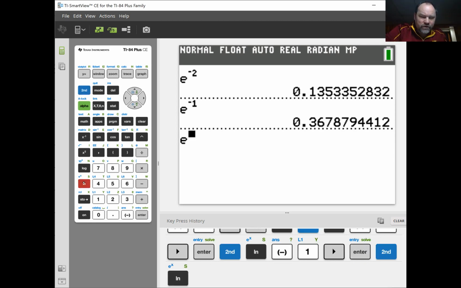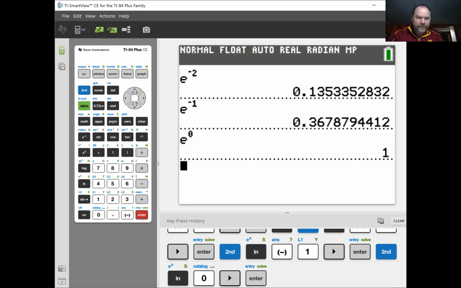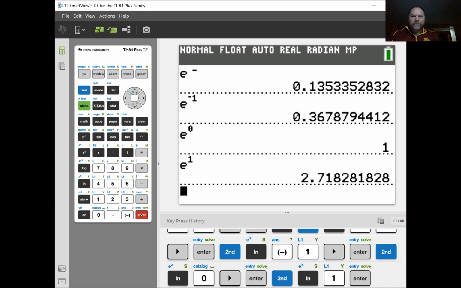e to the 0, just like any other positive value to the 0 power, is just 1. e to the first is 2.72. I need to write these down, or I will not be able to recall them.